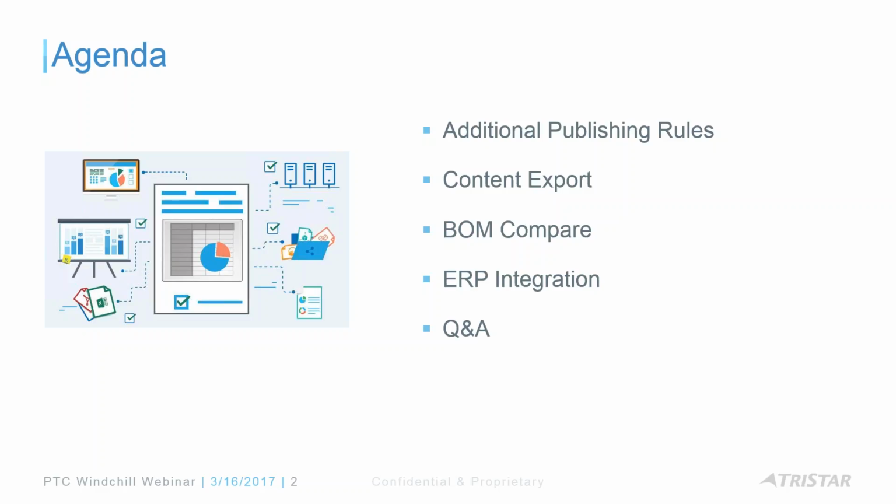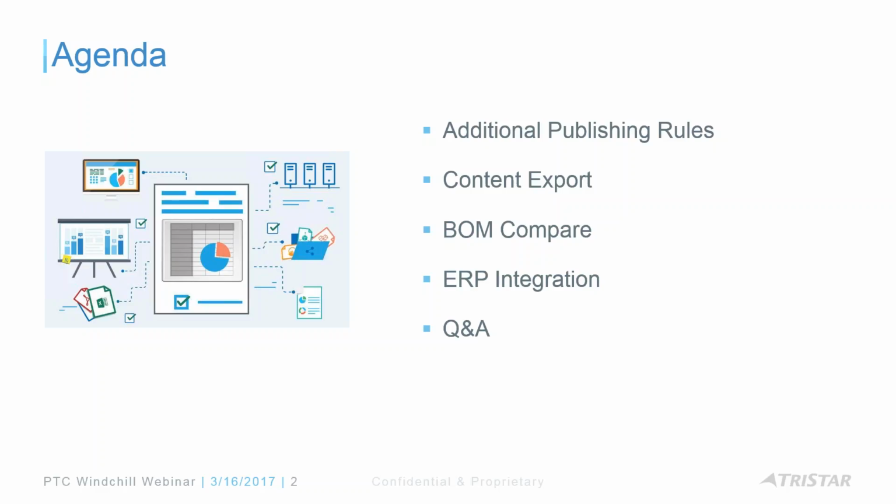We're also going to take a look at some of the TriStar apps that are used to automate some of this. One being content export. For the majority of our customers, people use things like Excel files to compare BOMs between different systems. So if you have a BOM inside of Windchill, whether it's a CAD BOM or a Windchill part BOM, and another BOM in, for example, the ERP system, most of the time companies either use an Excel file or log into both systems to do that comparison.